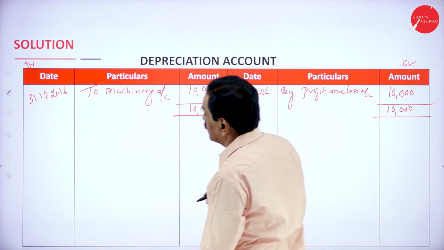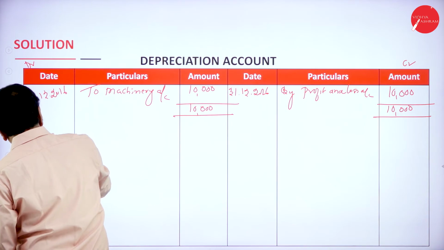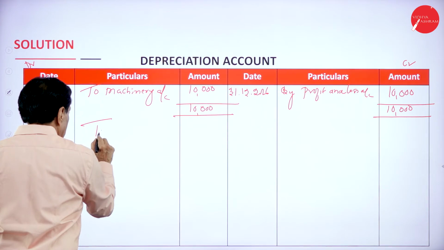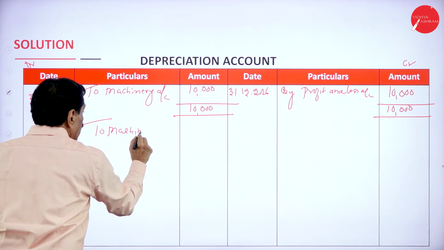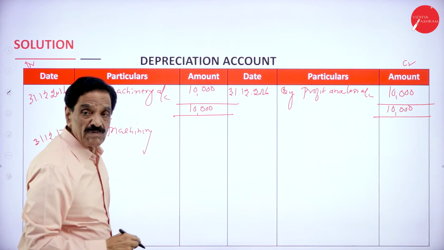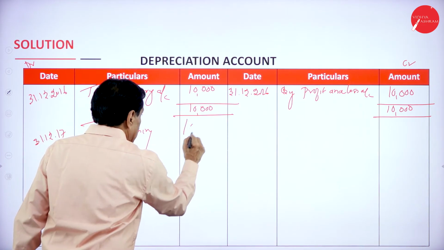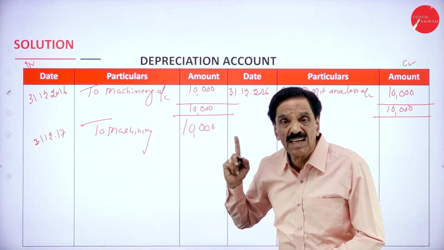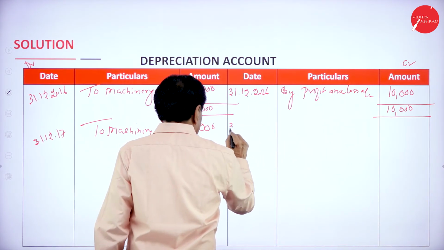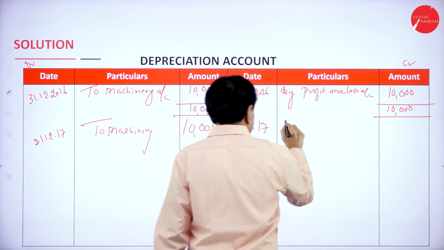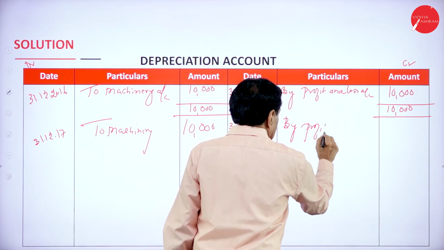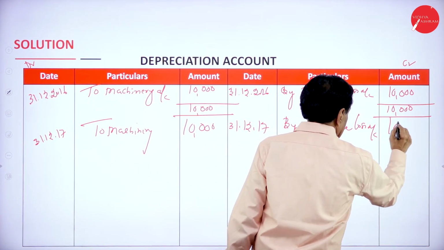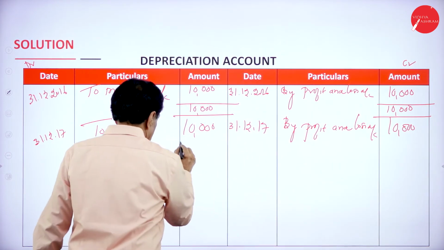First year over. Second year, 31st December 2017, to machinery. Every year how much charge? 10,000 will be charged to machinery, 10,000. So it will be transferred to profit and loss account, 10,000.